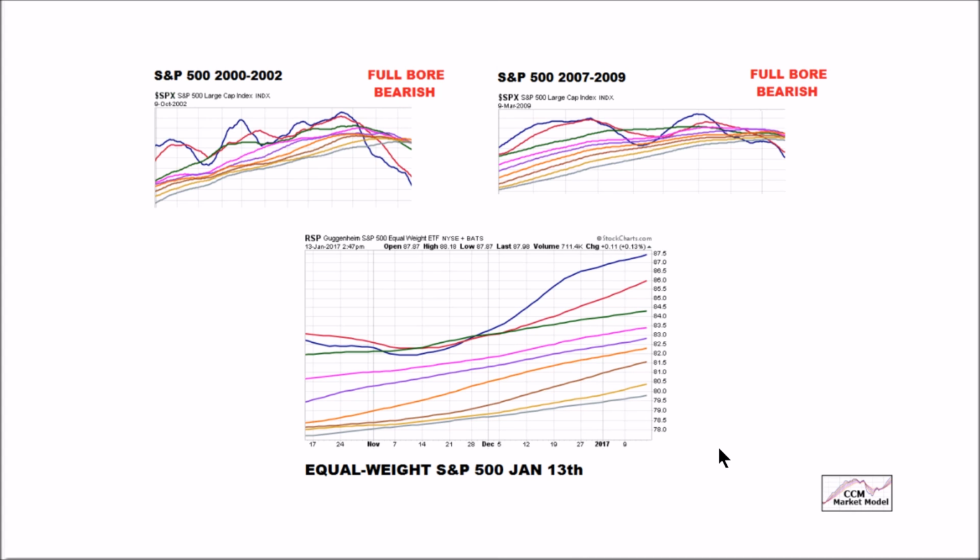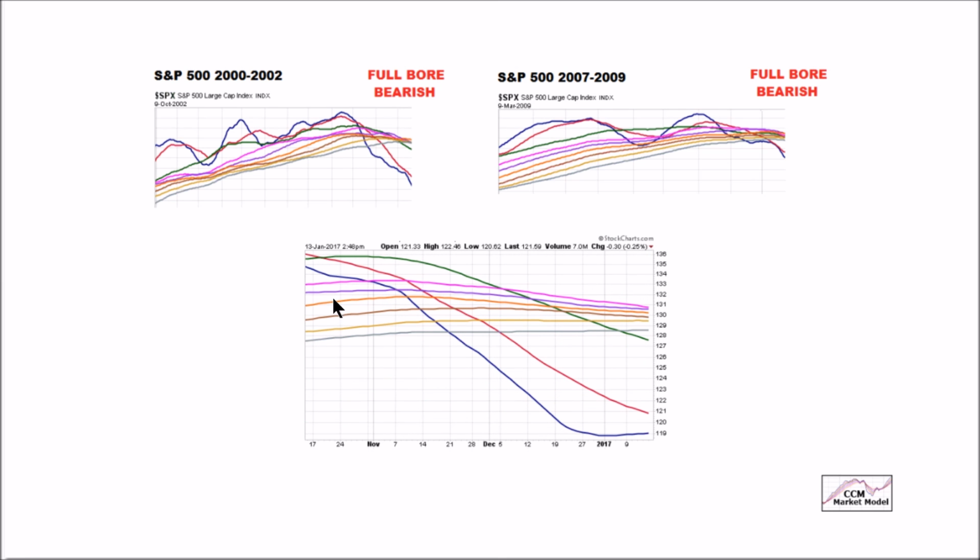Do all the ETFs look good, and is everything rosy? The answer, no, as of Friday, January 13th. This look here is similar to these full-bore bearish looks that we want to avoid. Our fastest moving average is on the bottom here, and we know bad things happened after that, and we also have several of the moving averages having somewhat of a rollover look.